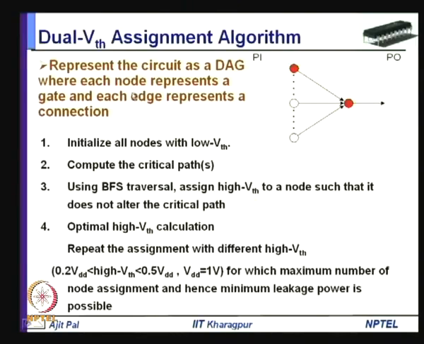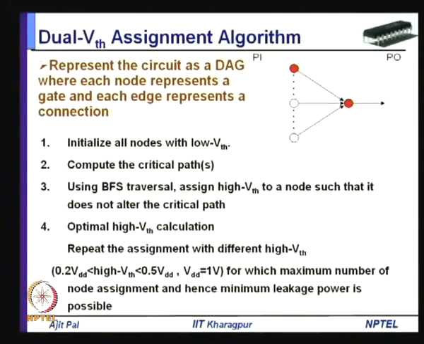Then compute the critical paths, use breadth first search traversal, and assign high VTH to a node such that it does not alter the critical path. So, you will assign high VTH to all the nodes which are not on the critical path, and keep on doing that such that the critical path delay is not exceeded.